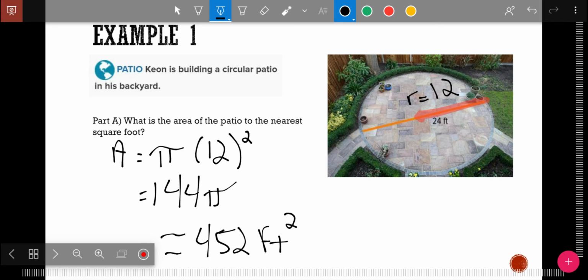But the exact answer was 144 pi. The guesstimated answer is 452 square feet. So you just plug the radius in to find the area using that formula. Again, that formula, area equals pi r squared.